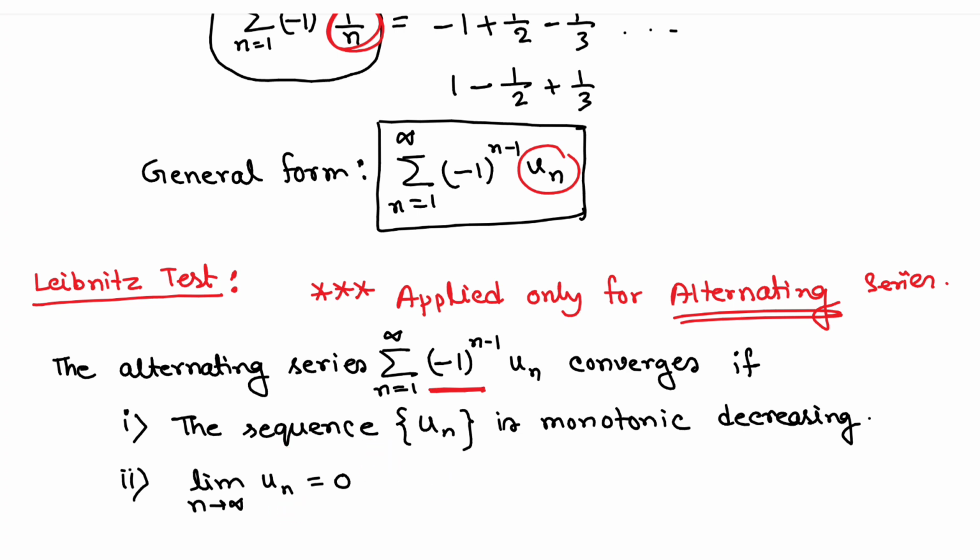If any alternating series satisfies these two conditions, then we can say that the alternating series is convergent. Clear? If either of the two conditions does not hold, then we can say the series is divergent. No, we cannot use the word divergent for an alternating series. We have to use oscillatory.